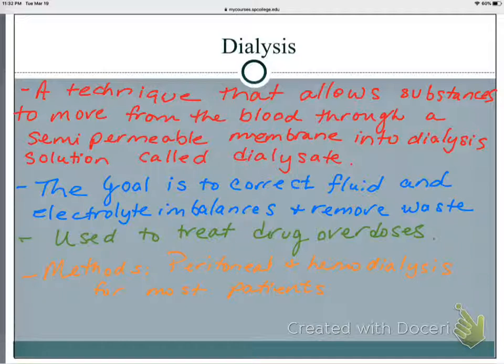You all good with this slide, or do you need it a minute? Sure. And I would focus on the purpose of dialysis.